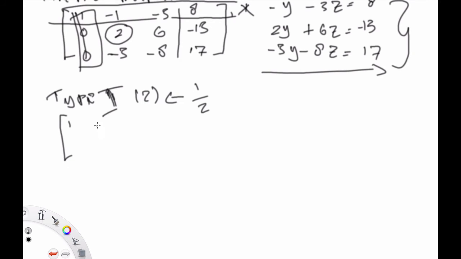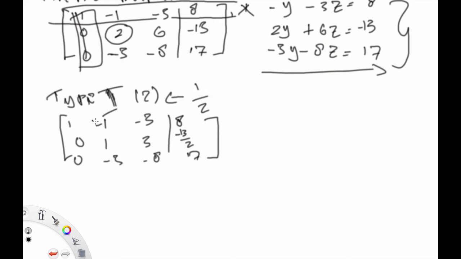This one: 1, minus 1, minus 3, 8; 0, 1, 3, minus 13 over 2; and 0, minus 3, minus 8, and 17. Okay, that is the new matrix.